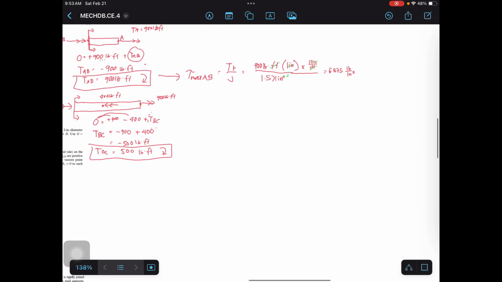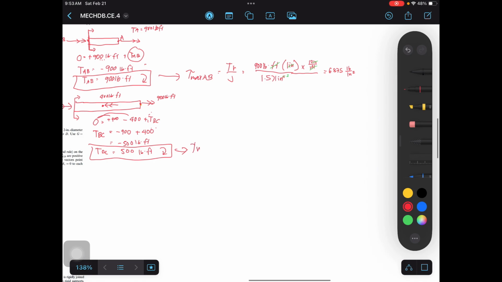Next, let's get tau max for BC. TR over J. So, what's the internal torque in segment BC? It's 500 pounds-feet times R, which is 1 inch again because the diameter is 2 inches. We need to convert feet into inches. And then all over J, which is the same because our cross-section is uniform. Now, let's evaluate.